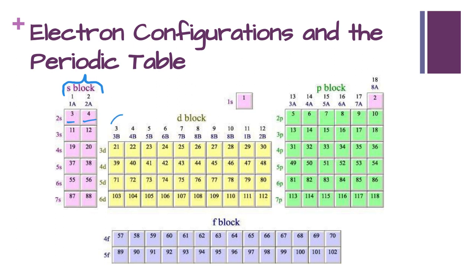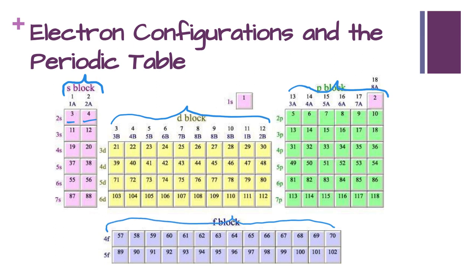Our transition elements all end in d orbitals, so we call that the d block. Atoms in this section of the periodic table are in the p block, so they have electron configurations that end in p orbitals. And then the lanthanides and actinides are all part of the f block, and they have electron configurations that end with f orbitals.